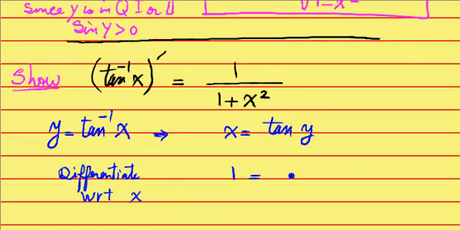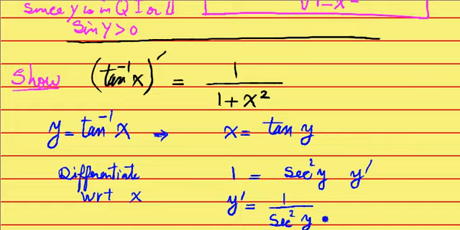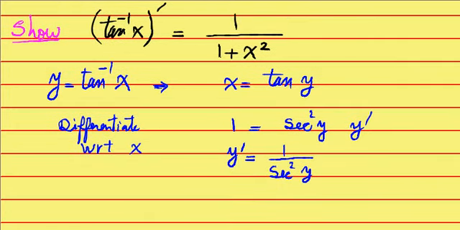Derivative of tangent is secant squared of whatever argument you had here, times y prime. Now we get y prime is equal to 1 over secant squared of y. Okay, we have the answer. I hope this much of it agrees with what you had.